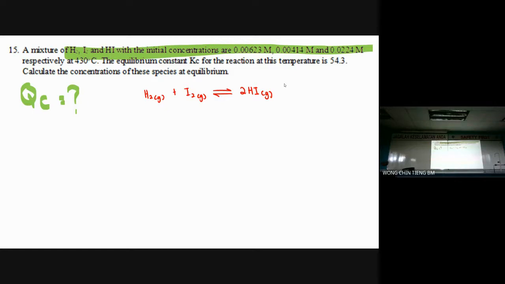Saya nak Q. So tak payah, saya nak guna value yang dia bagi. Saya nak tahu value yang dia bagi, Q adalah berapa.